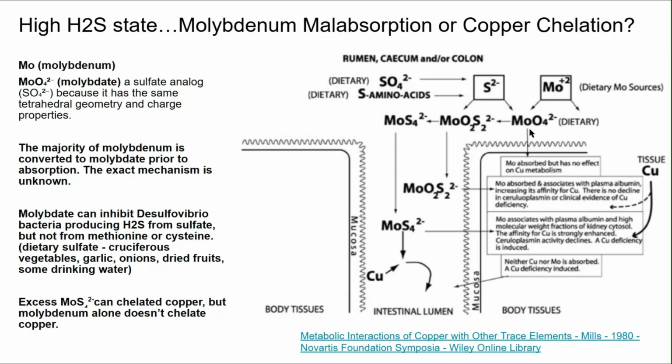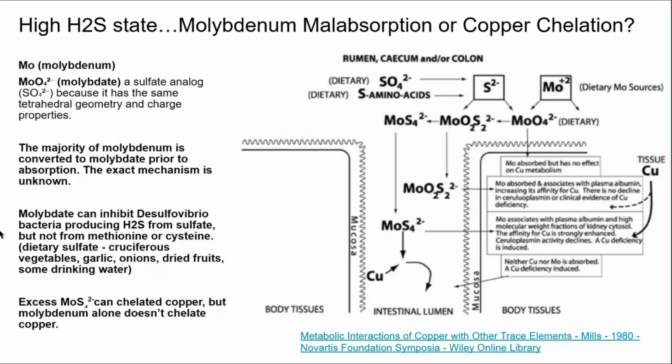But if you just absorb molybdate from your diet without it being modified into these particular other forms of molybdate that have sulfur added to them, you are not going to chelate the copper in your body. Molybdenum alone cannot chelate copper. It has to have these sulfur groups added to it. So again, you have to form this tetrathiomolybdate to be able to chelate the copper.